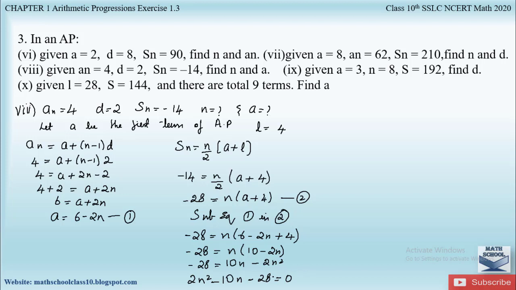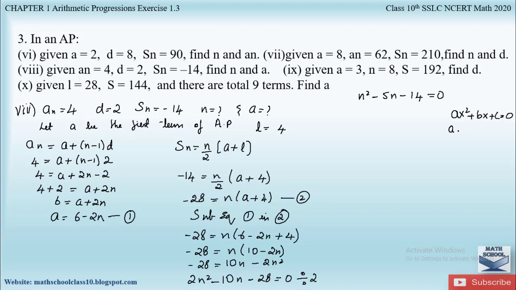Let us divide this whole equation by 2 to simplify it. So we will get n square minus 5n minus 14 is equal to 0. So again we have got a quadratic equation of the form ax square plus bx plus c equal to 0.